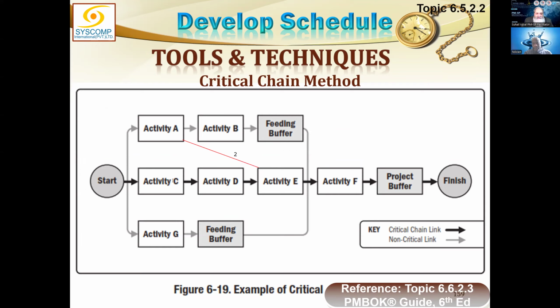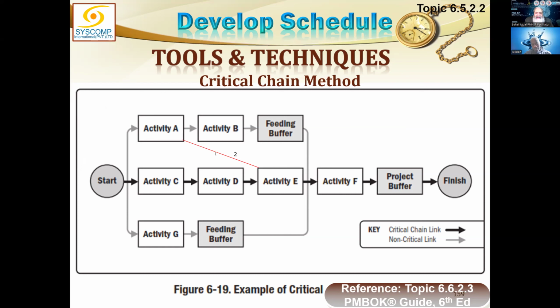That means after completing activity A, within 2 days, the person must be available for activity E. Or for that matter, 2 days before the start of E, this person must be available. Between A and E there is no relationship, but we are creating a resource relationship.